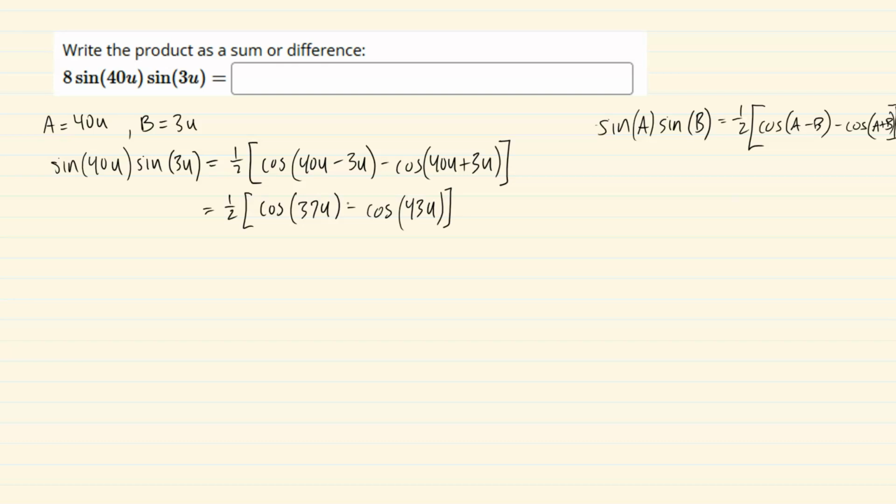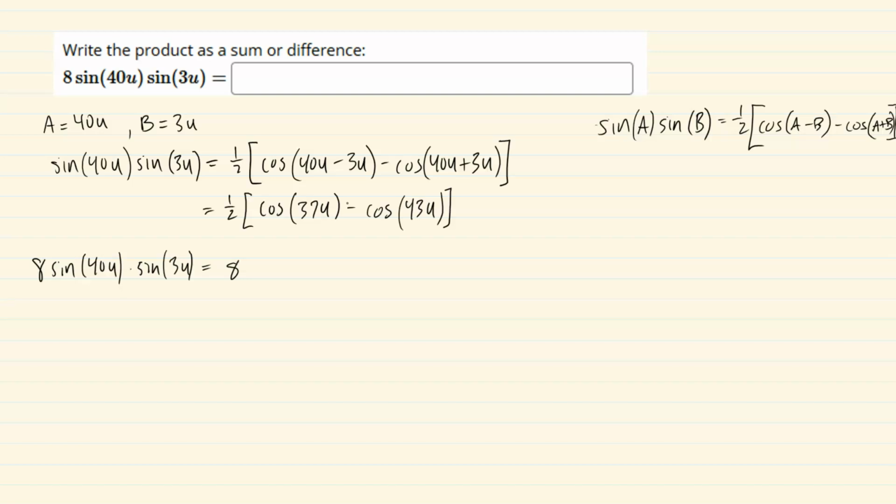Okay, now notice that our problem involves multiplying 8 in front of everything. So we can include that now. 8 sine of 40u times sine of 3u. So we're going to multiply the whole thing by 8.